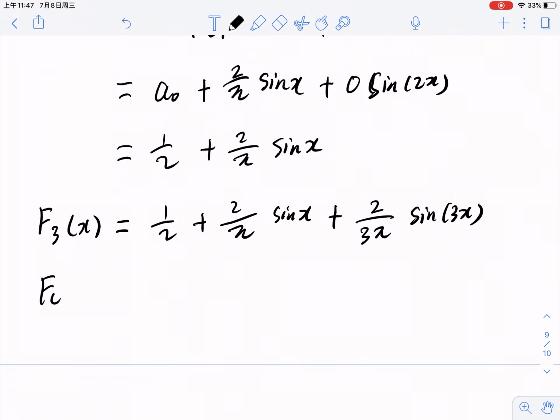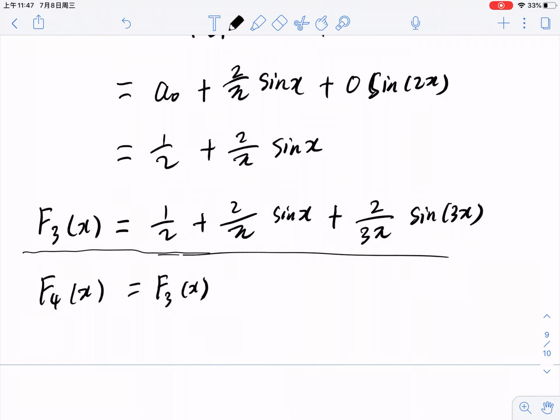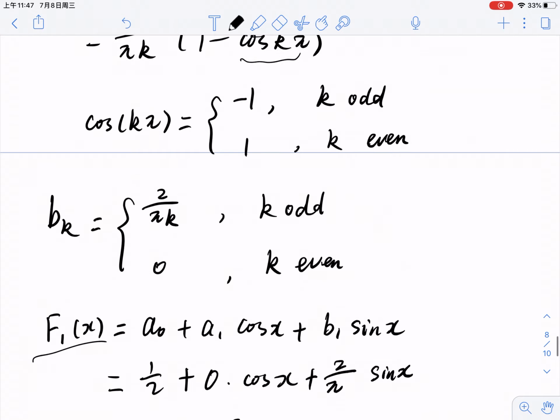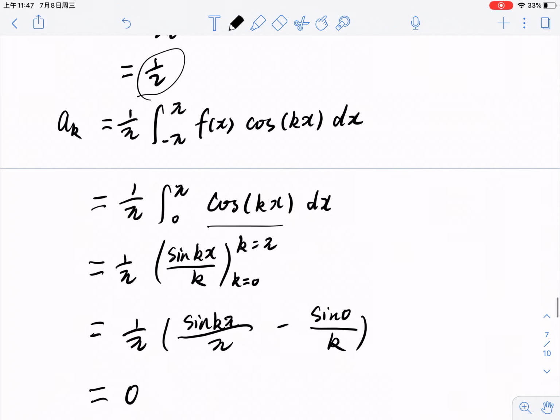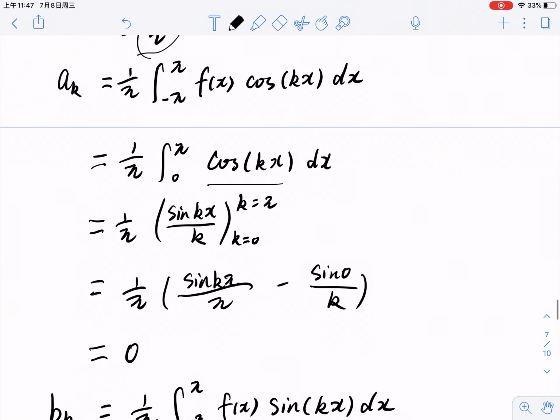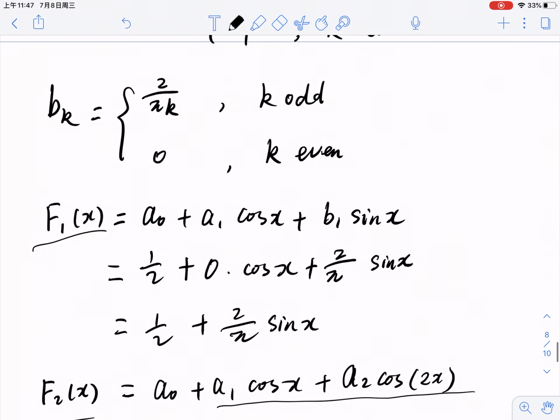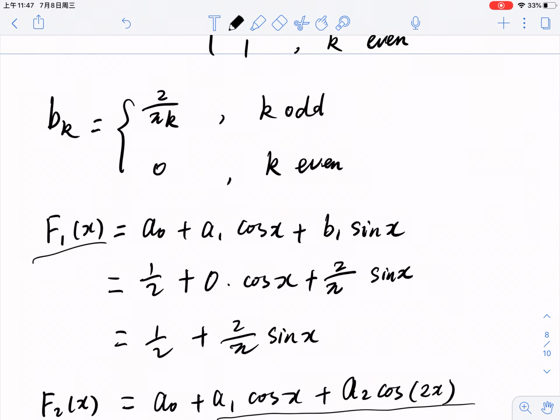Similarly, we get f4(x) is the same as f3(x). And f5(x) is f3(x) with 2 over 5 pi sine 5x added. So this is the example. To find the Fourier polynomials, we just need to find the Fourier coefficients a0, ak, bk by those formulas for the Fourier coefficients.